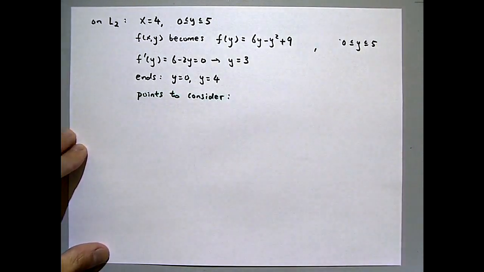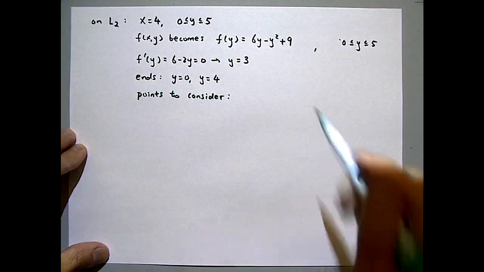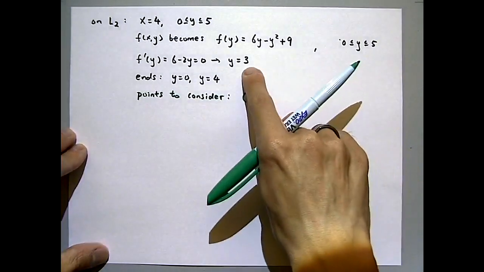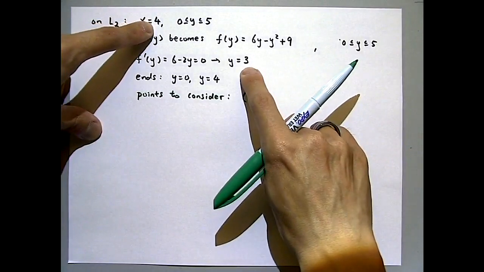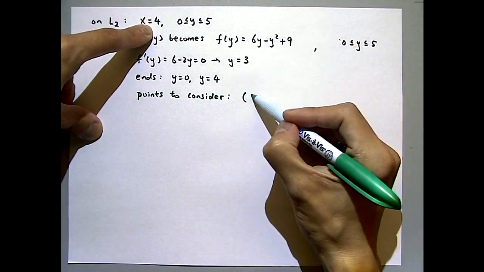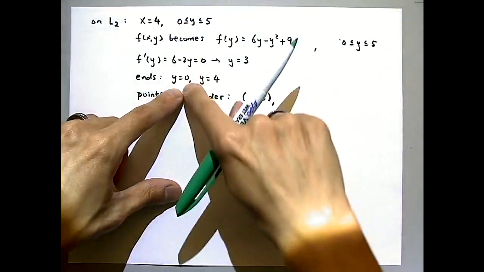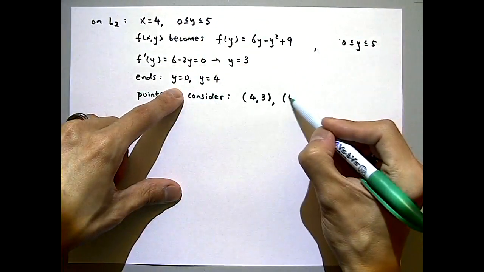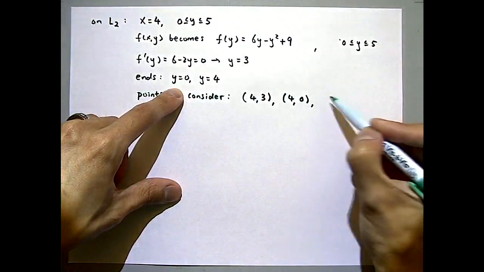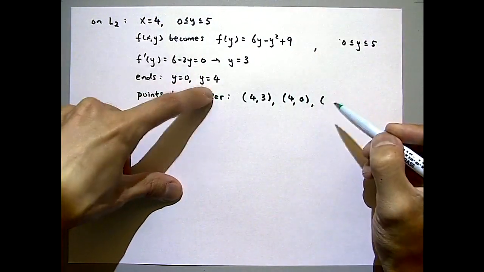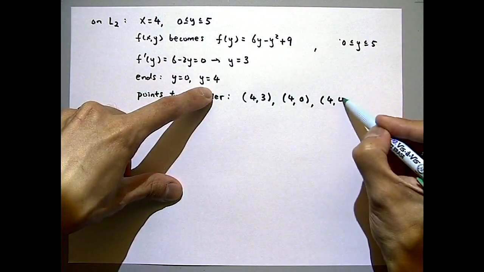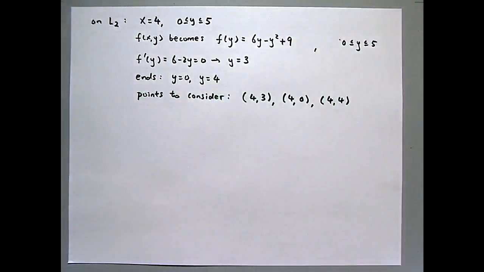Now we collect the points that eventually we have to consider. X is 4, y is 3. That's the first point. And then x is 4, y is 0. And then x is 4, y is 5. Sorry, where?